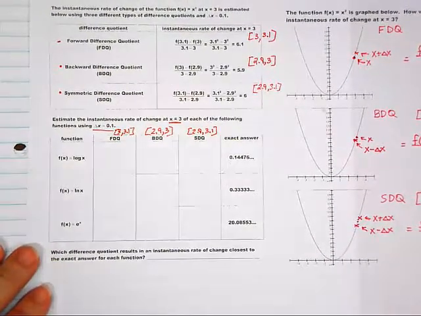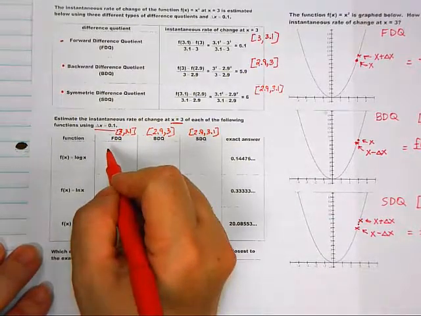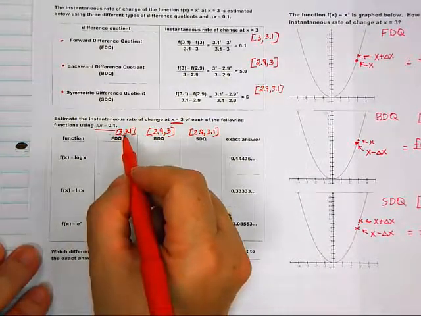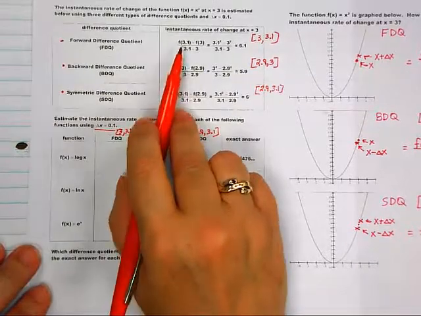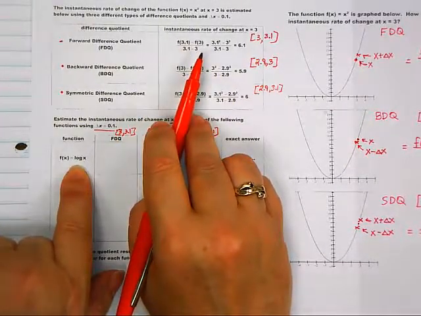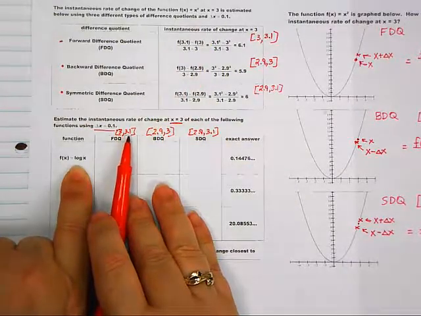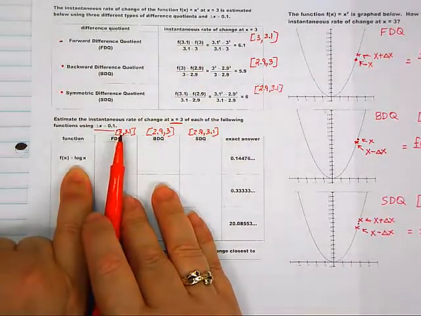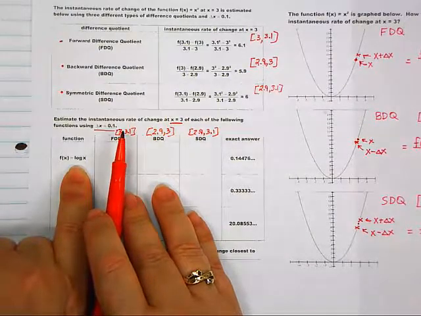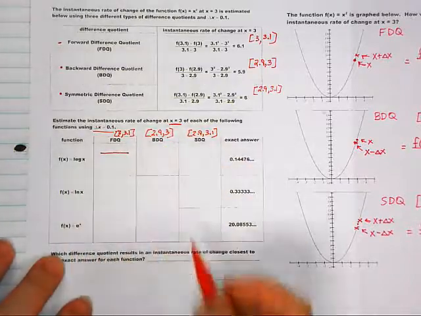Okay. So, the first fraction for this one, in terms of f, would it be exactly the same if it was log or if it was x squared? Would I still write f of 3.1 minus f of 3? Yes. So I'm not going to write that again. That's a waste of paper. I am going to write, though, what it is in terms of the function.